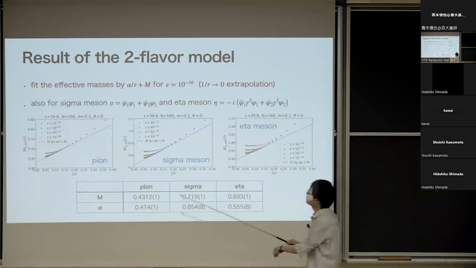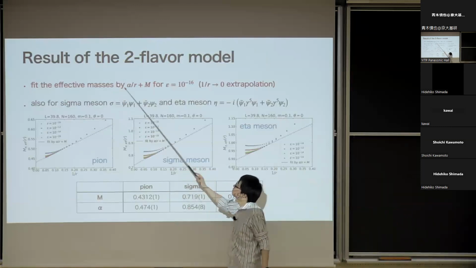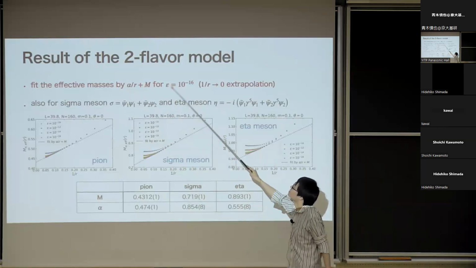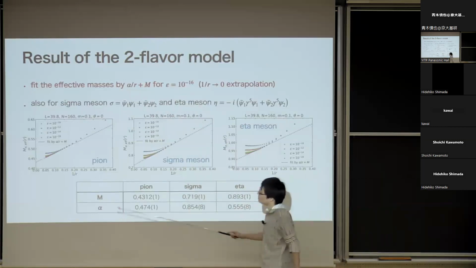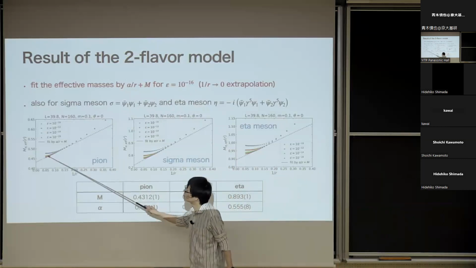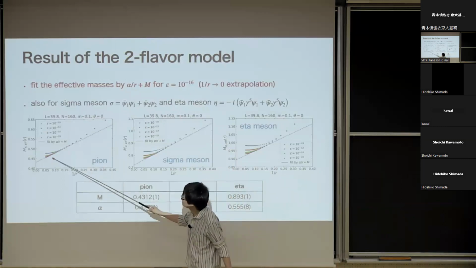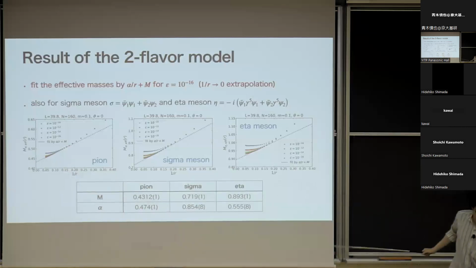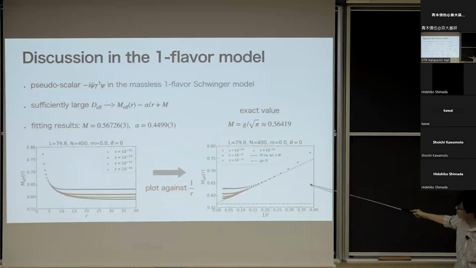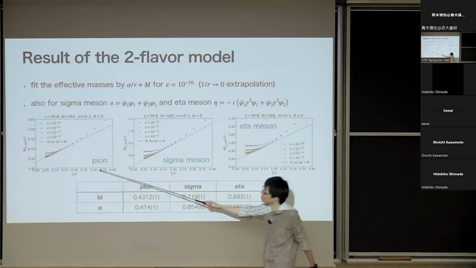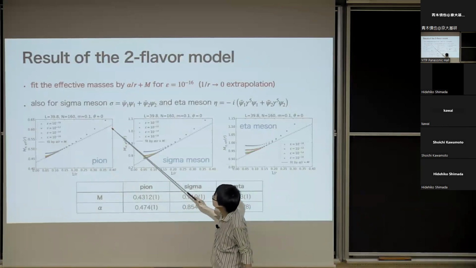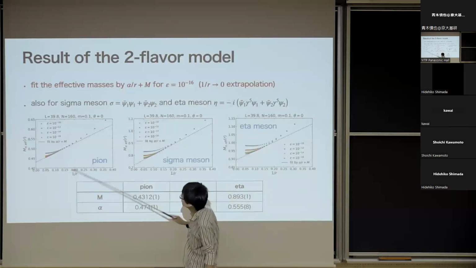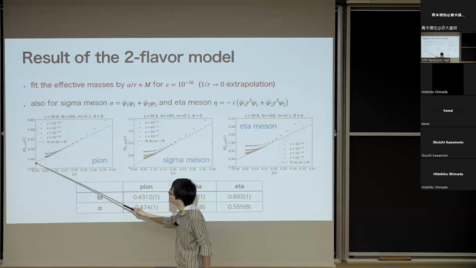So we fit the effective mass by this 1 over R function for the most precise one. This is the result for the pion. It is a similar plot to this one, the effective mass against 1 over R. This fitting line represents the extrapolation, so we obtain the pion mass here.